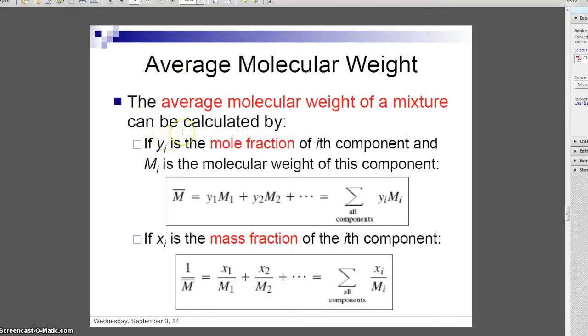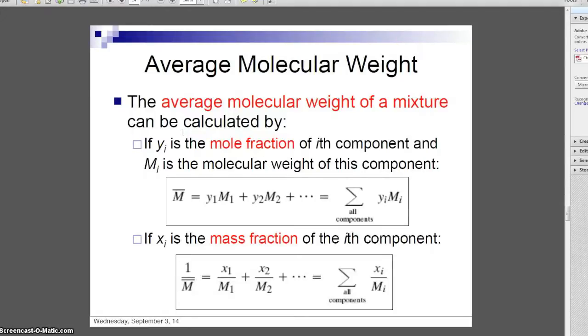The average molecular weight is the average of the components. Let me rephrase it again. Let's say you have a mixture of components in a solution or air, so you can average the molecular weight. You can calculate the average weight of all those molecules in a mole or kilomole of solution.